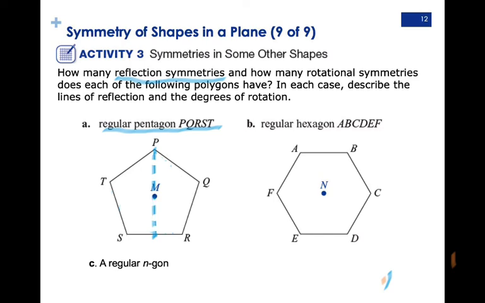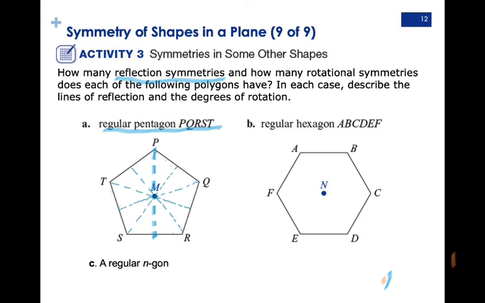And there's actually going to be a few more here. What if we went from the other vertices? There we go. And yet another. There's a third, a fourth, and then a fifth. So think about how many of these reflective symmetries we have and how many sides this regular pentagon has, right? If there's relationships between those.